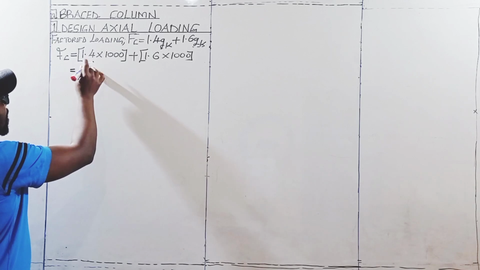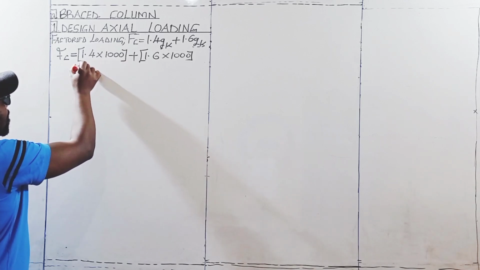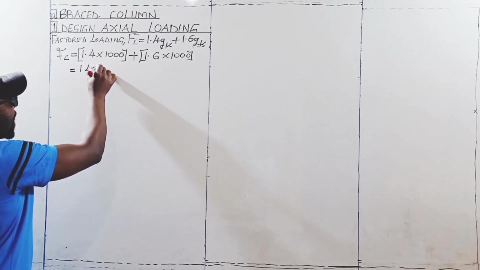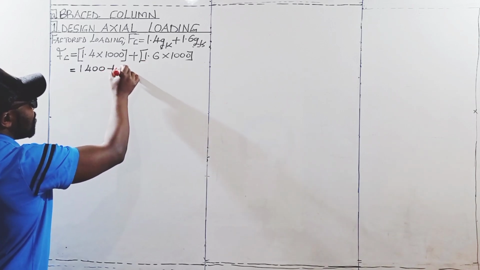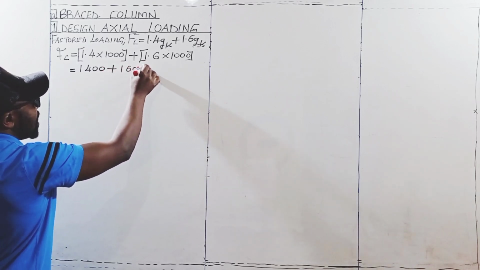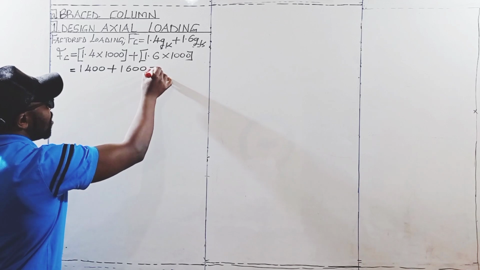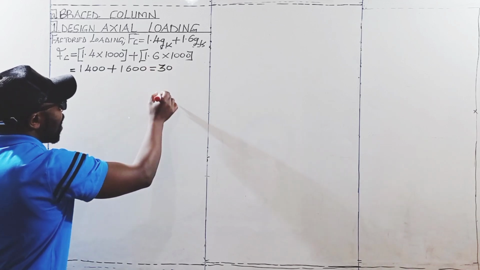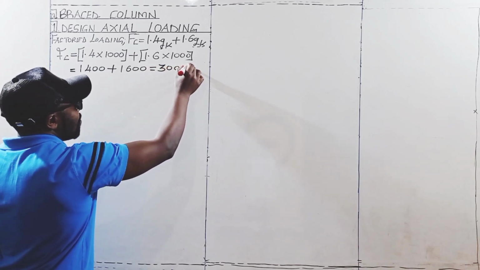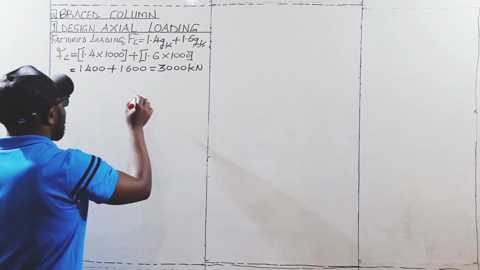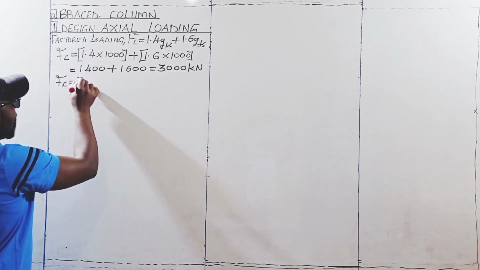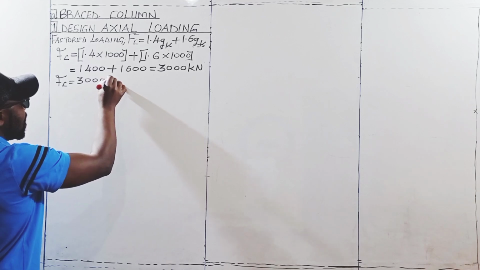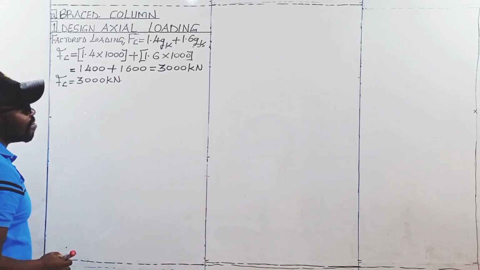So this is going to give us 1.4 times 1000, which is 1400 kilonewtons, plus 1.6 times 1000, which is 1600 kilonewtons. When we add, we are going to have 3000 kilonewtons, and therefore the factored loading FC is equal to 3000 kilonewtons.